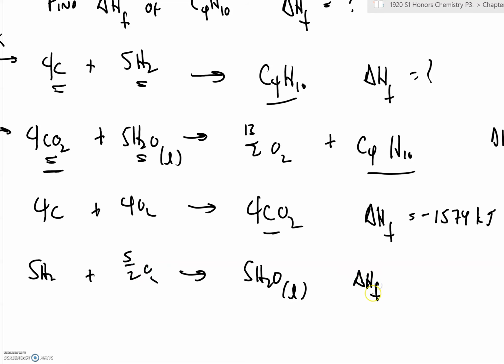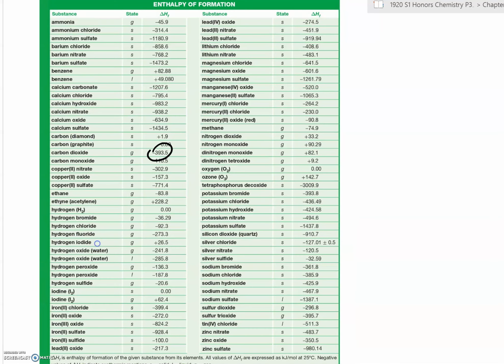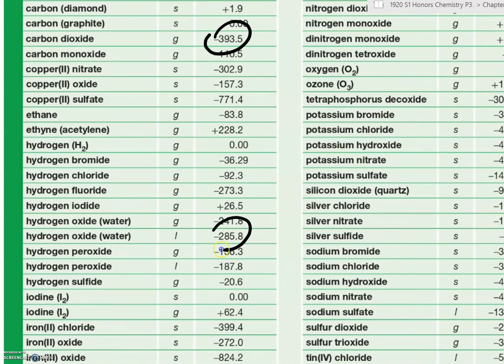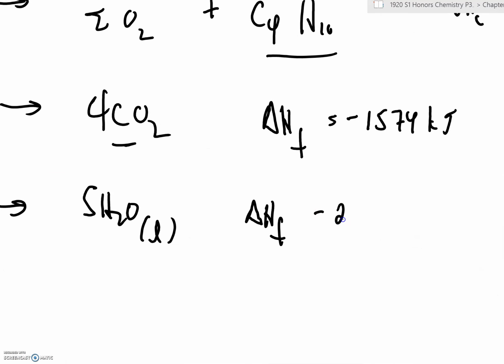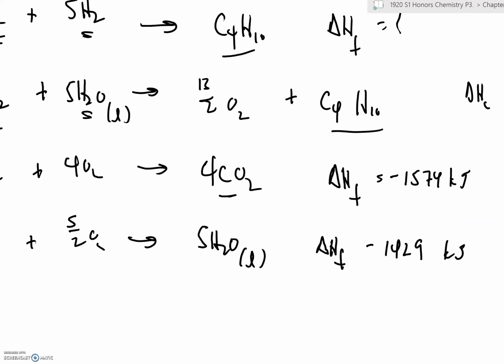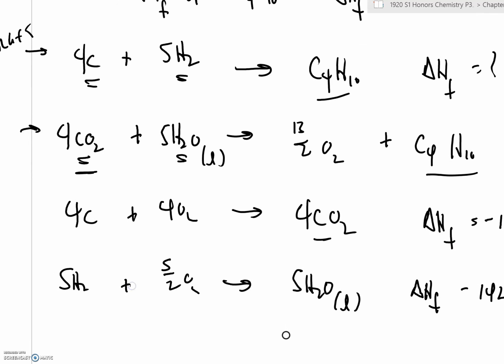And according to this table, making liquid water gives off 285.8 kilojoules. Well, we're going to multiply that by 5. So if it was negative 285.8, now we're going to multiply that by 5. And this is now negative 1,429 kilojoules.